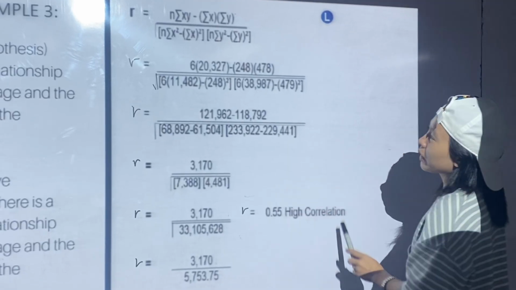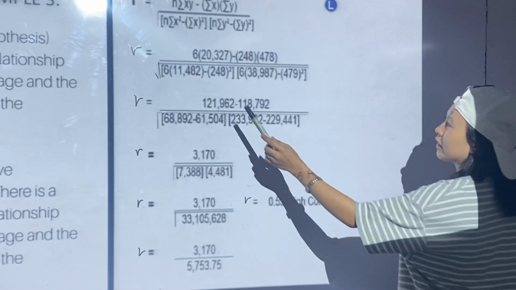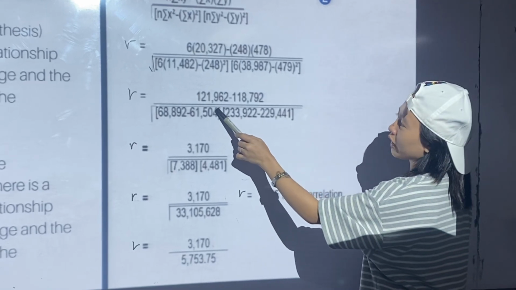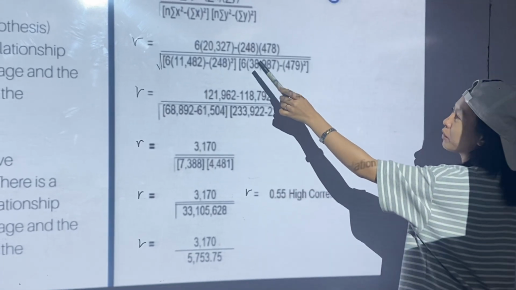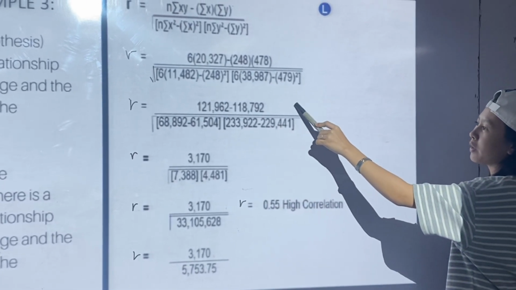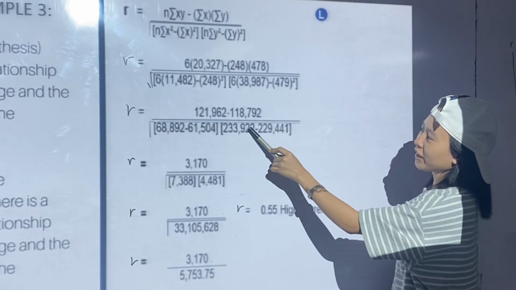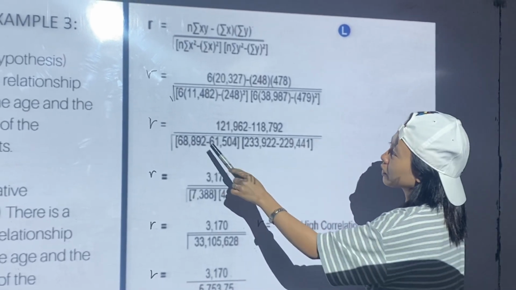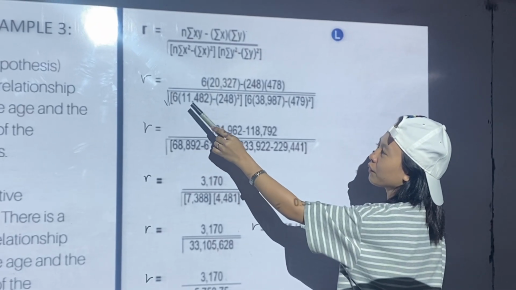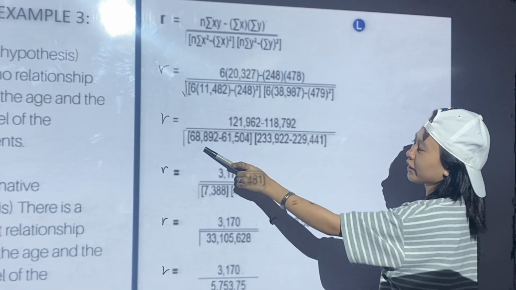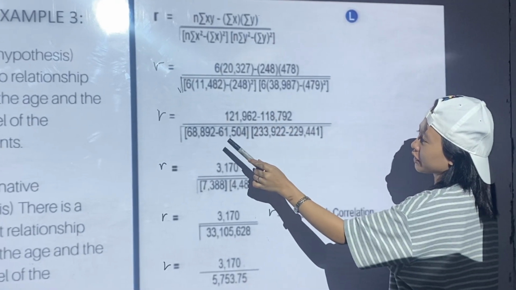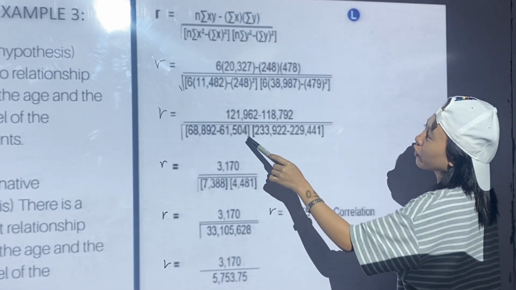Then multiply the 6 and 2327, that is 13962. Then multiply the 248 and 478, that is 118,544. Then multiply the 6 and 11,482, that is 68,892. Then square the 248, that is 61,504.